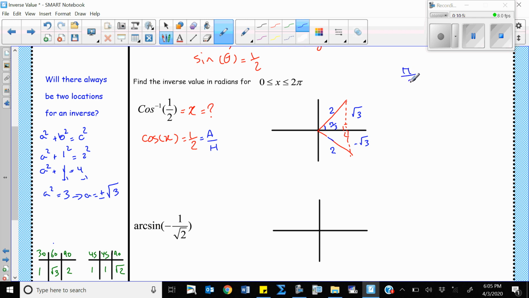If not, this is why: pi is 180, divided by 3 will be 60 degrees. So what I found here is theta reference. The same is going to be here for this one. This is also pi over 3 because it's opposite root 3, and we ignore the negative. Okay, so I found the theta reference.